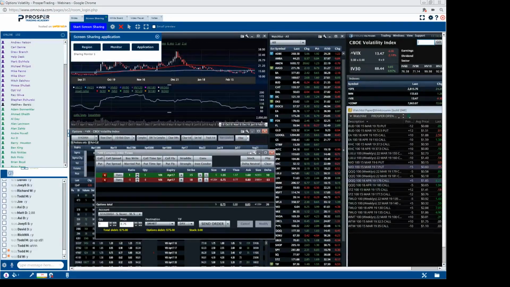But not by $1. This has a 26 delta to it. If VIX went down another $1, then the value of this would go down to about 55 cents or so. We're only looking to maybe get another 5 or 7 cents out of it. So yeah, about 30 cents, 25 cents, somewhere in that range, David, Paul, yep.